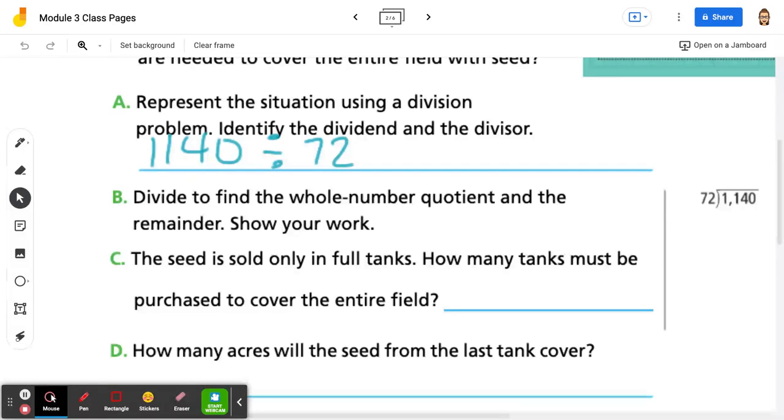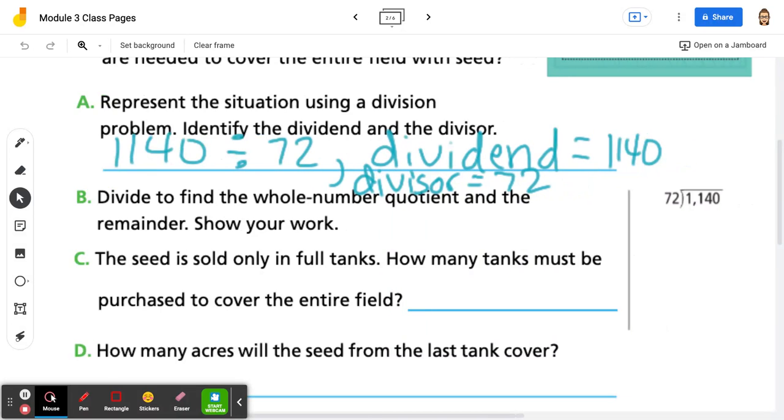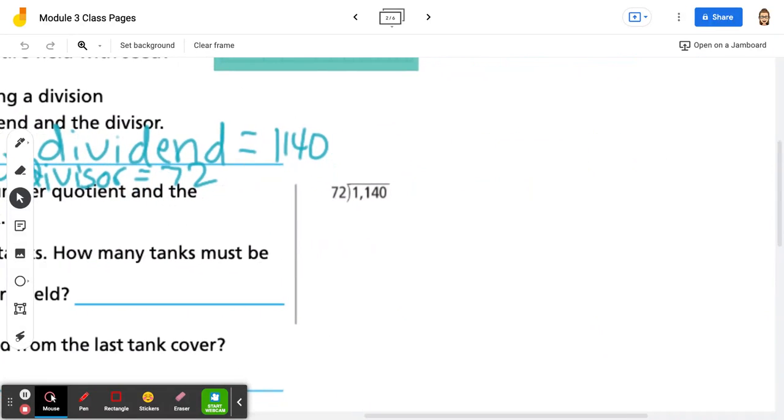To identify the dividend, it is the number that we are dividing. So the dividend equals 1,140. The divisor is the number that we are dividing by, and in this case, it is 72. Now we are doing our division. I'm asking myself, does 72 go into 1?